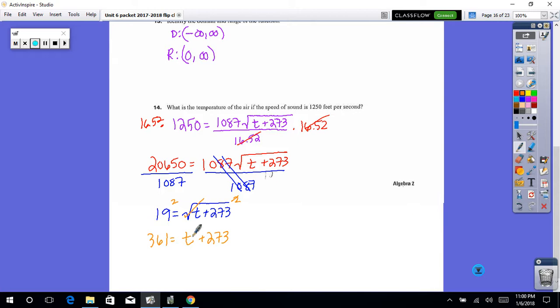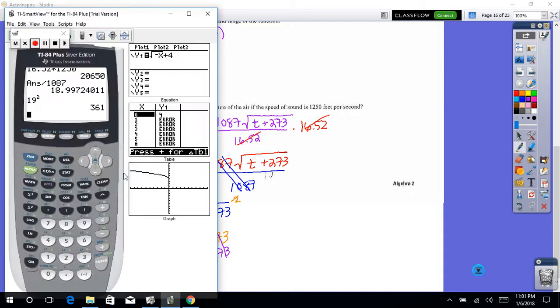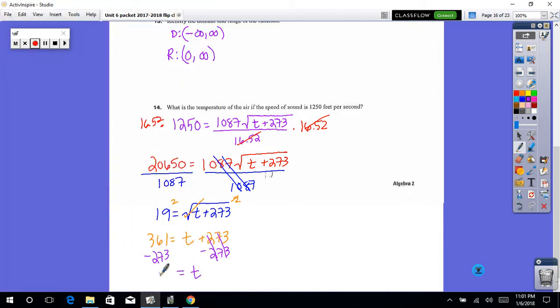And the only thing left to do to get the temperature by itself is to subtract 273. When I subtract 273 from both sides, I am left with T, which is the variable that I'm looking for. And it gives me a temperature of 88 degrees.